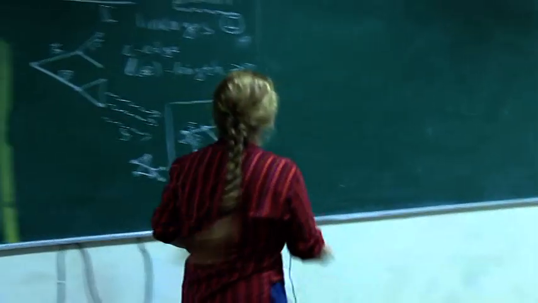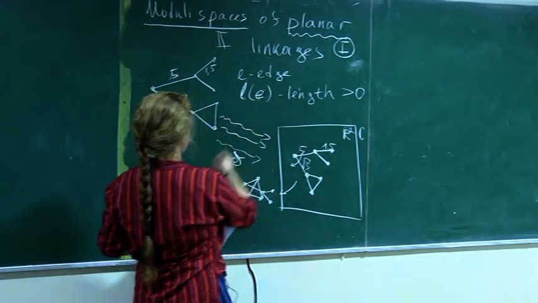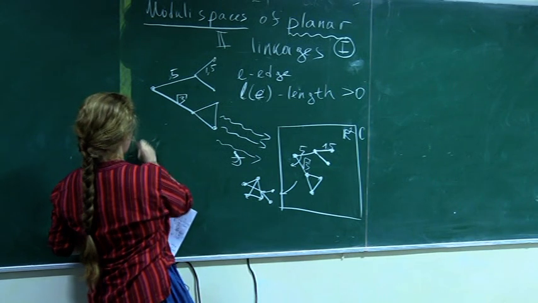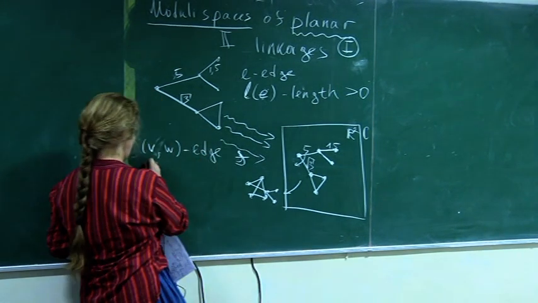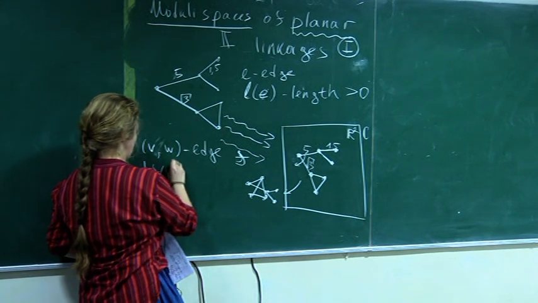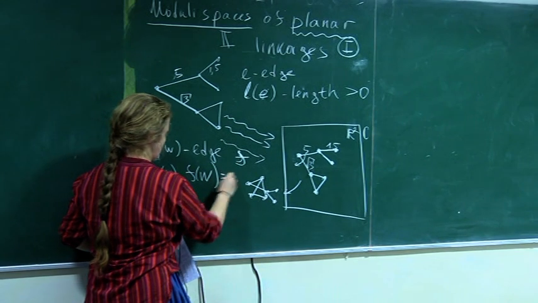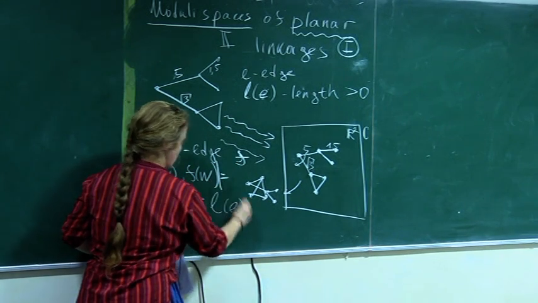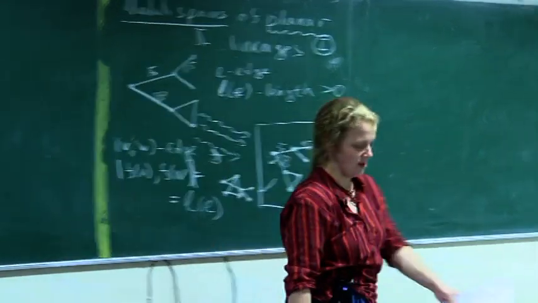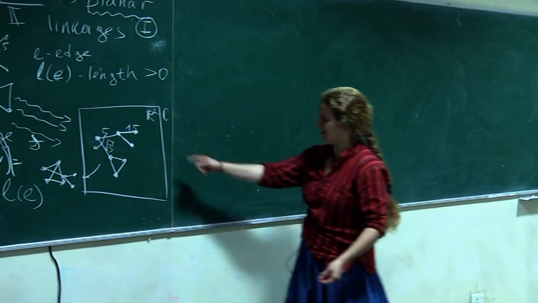Again, we have this F, and if we have an edge between two vertices, then the distance between their images will be exactly the length of this edge. We do not necessarily need to place our linkage in R2.